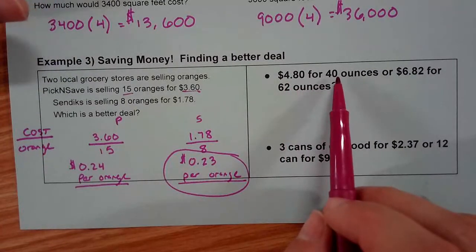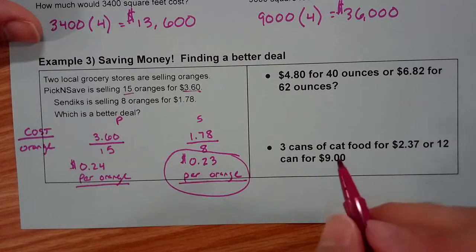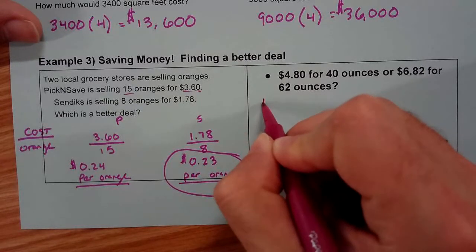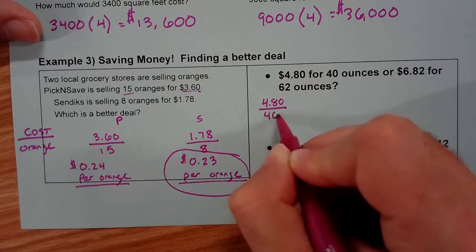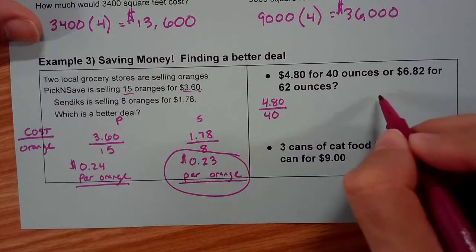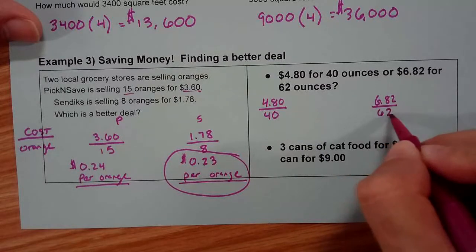$4.80 for 40 ounces or $6.82 for 62 ounces. Again, I want the cost divided by the number of ounces.